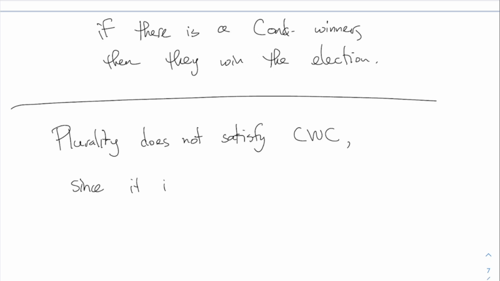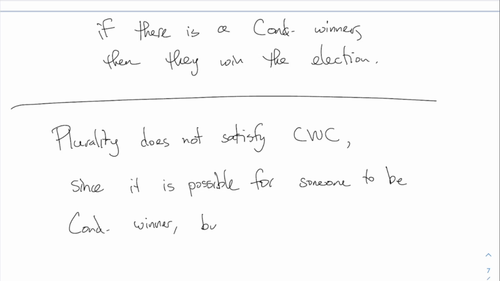It is possible for someone to be a Condorcet winner, but plurality loser. Like Mr. Gore was the Condorcet winner of that election, but he was the plurality loser and real-life loser of the real-life election, all right? This means the plurality system does not satisfy the Condorcet winner criterion.